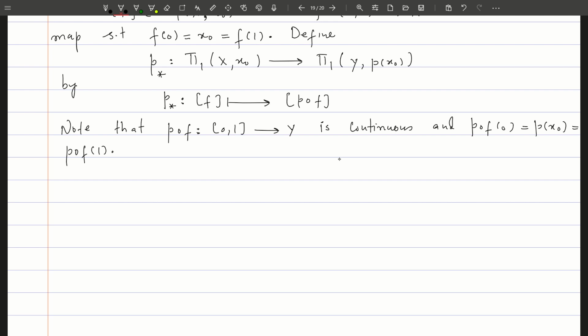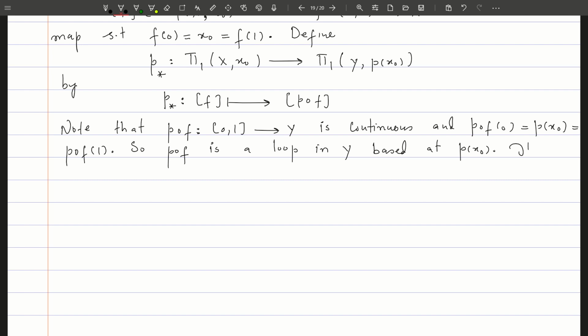So this P composite with f is a loop in Y based at P of x naught.